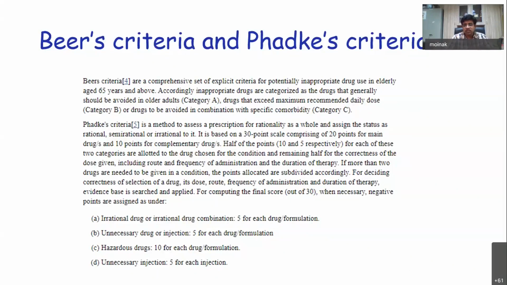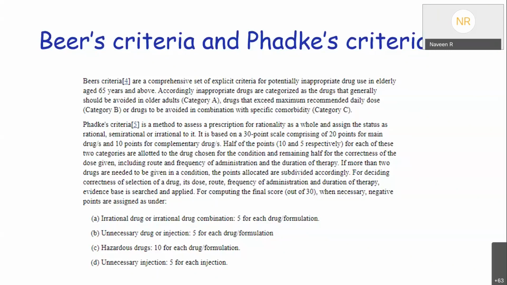Points are given. There are various segments, and I'll show you in the next slide. You don't need to learn all this, but points are given and they are rated. And finally, they decide whether it was an irrational drug, an unnecessary drug or injection, or a hazardous drug.